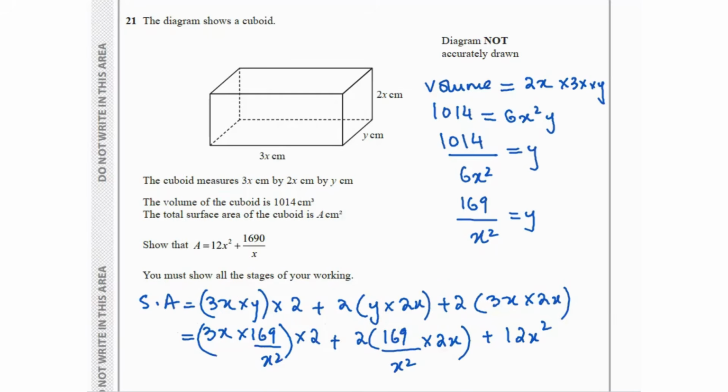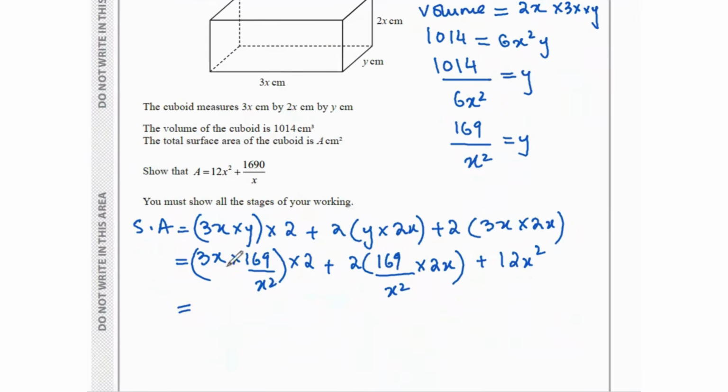Now let's simplify these brackets. The x gets cancelled out, and 3 times 169 times 2 is 1014 over x, plus 169 times 4, 676 over x, plus 12x squared. 1014 plus 676 is 1690.